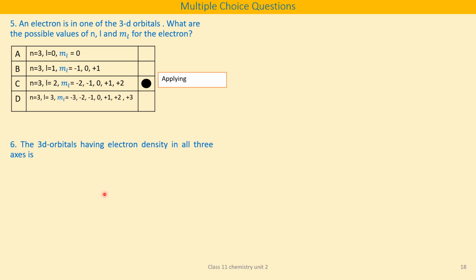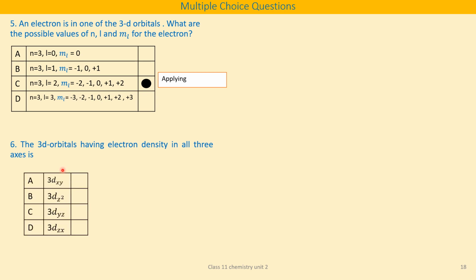Next question. The 3d orbital having electron density in all the three axes is: four options are given.